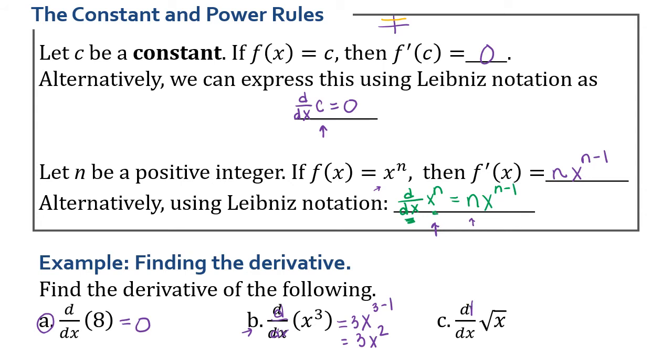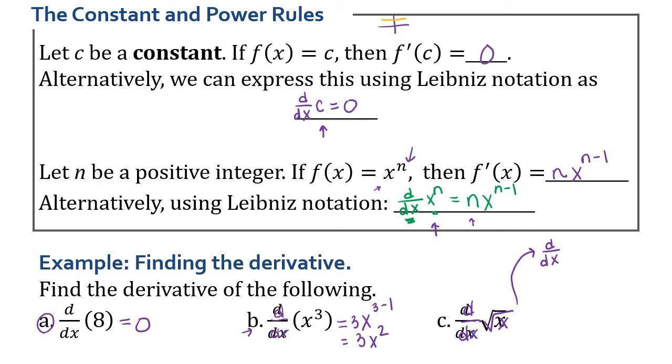Now, the derivative with respect to x of the square root of x. Again, this d over dx means to take the derivative with respect to x of the square root of x. I'm going to go up here just so we have a little more space. Right now we don't have a formula for a square root, but we do have a formula for a power.